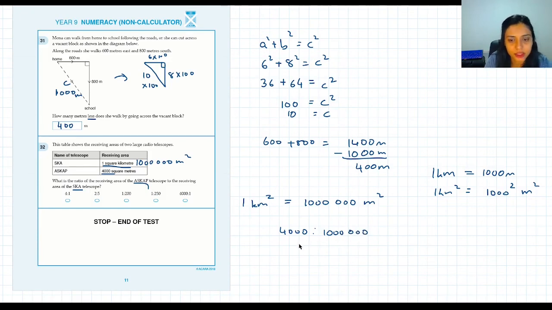And let's simplify this. So we cross out 1 zero, 2 zeros, 3 zeros, and then let's divide by 4 on both sides. And that's going to be 1 to 250. So that will be this.